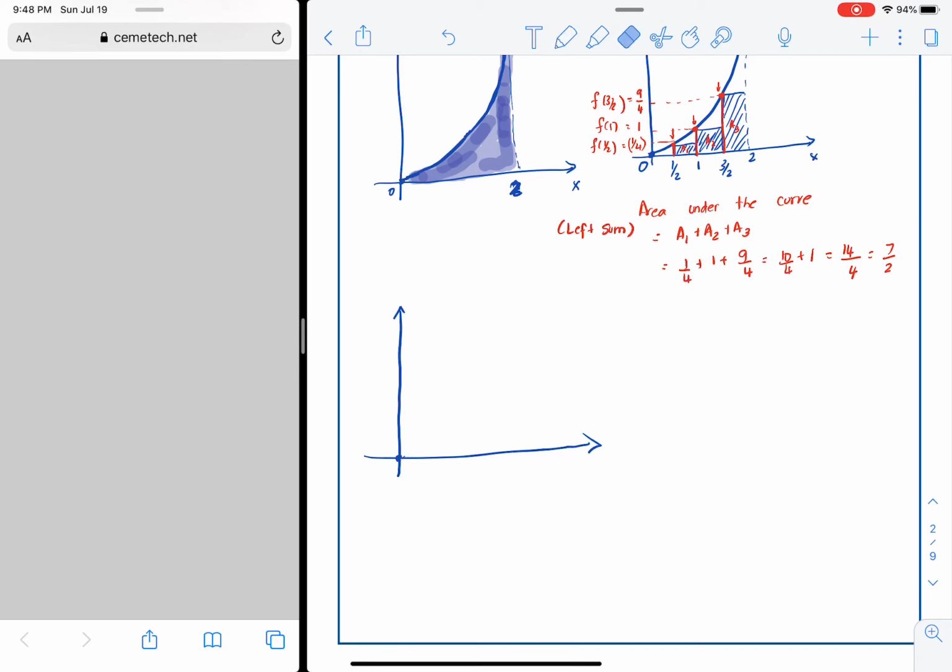Trying to get this graph as close as possible to the previous one. Perhaps that is good enough. It is the same function. So that would be f of x equals x squared.